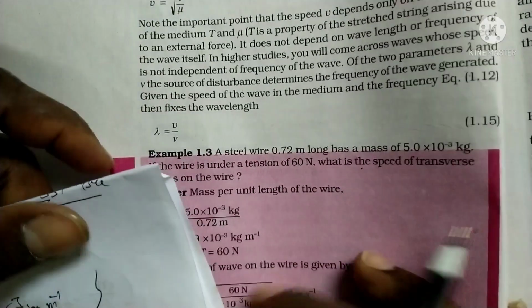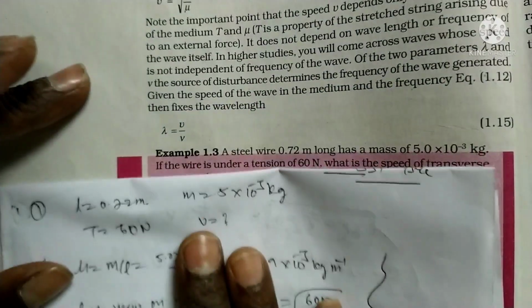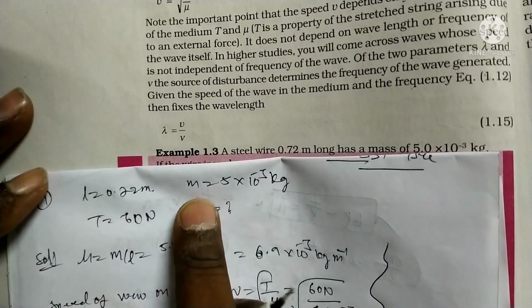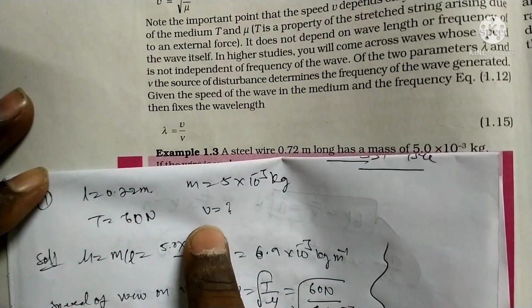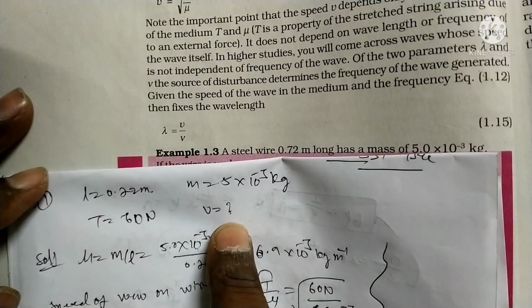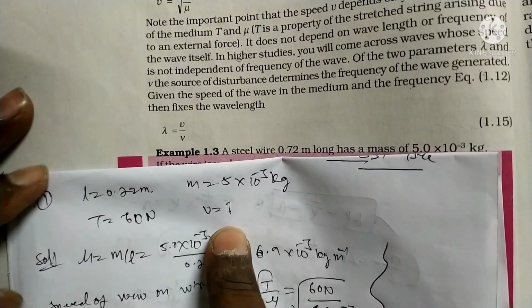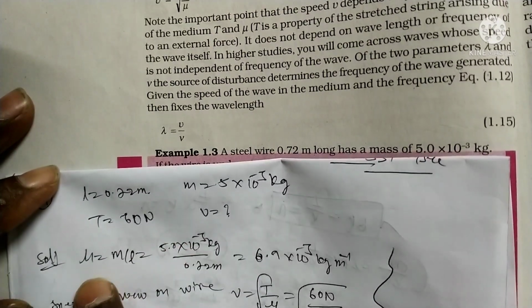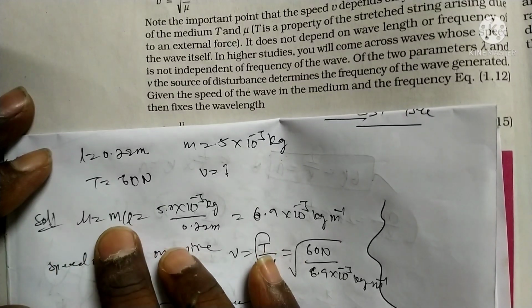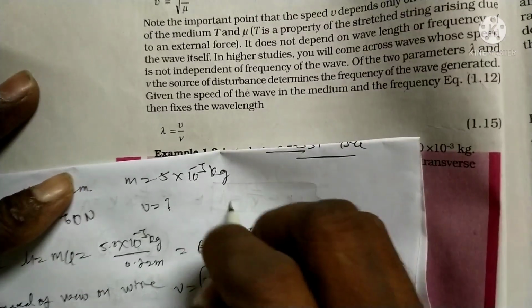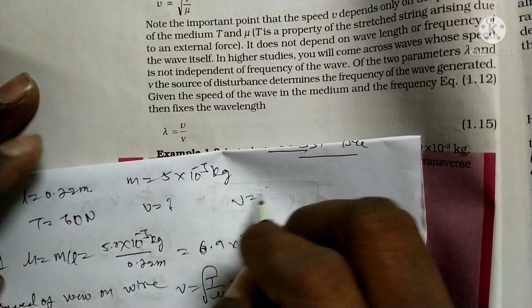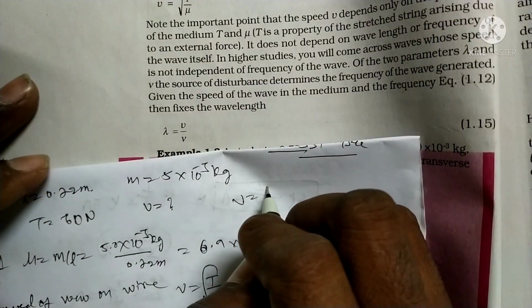In the first problem, the length is given, mass is given, tension is given. You find the velocity of the wave.